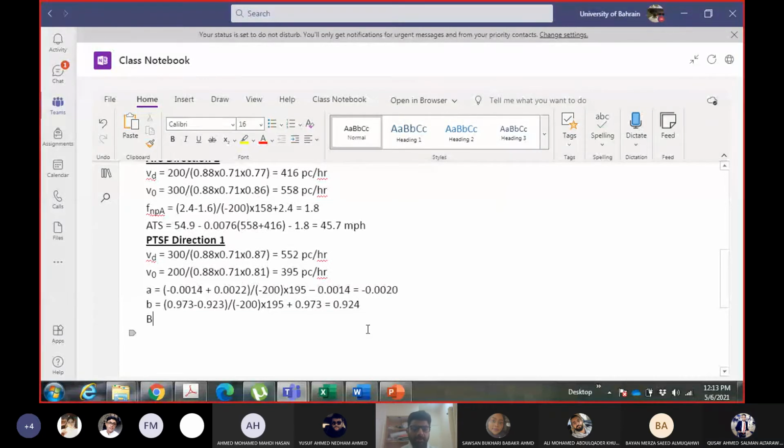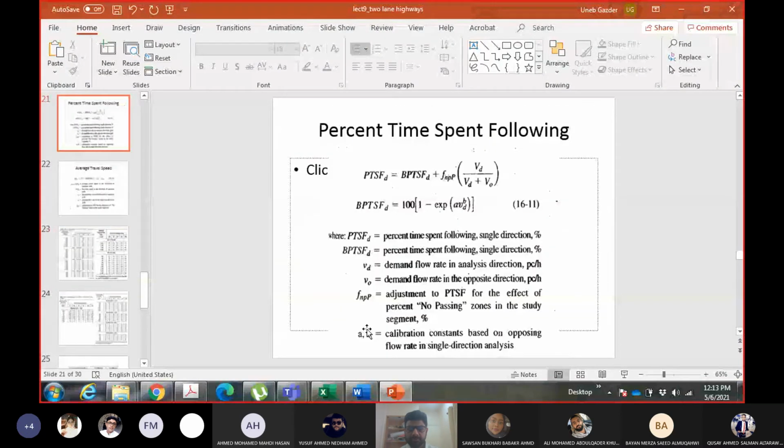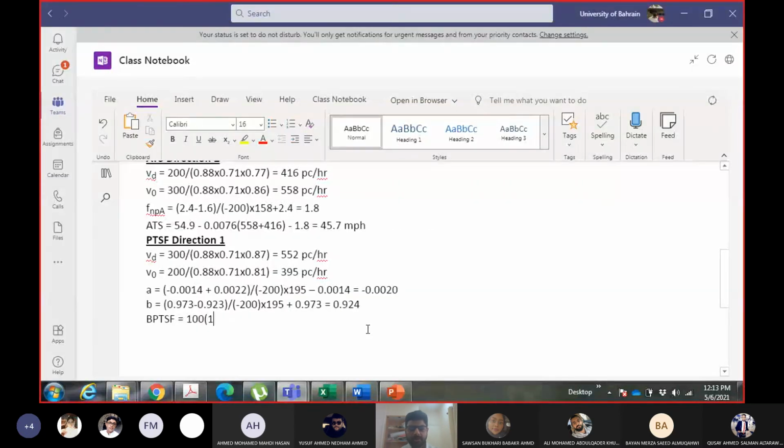Now we can calculate BPTSF, 100 times 1 minus e to the power, okay, exponent. So I need A into VD.